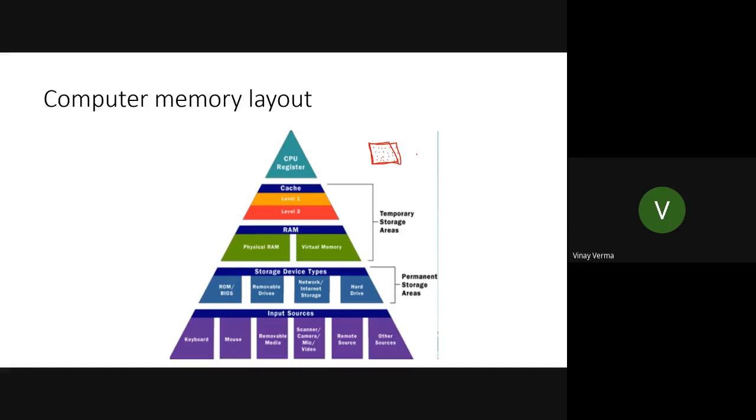So if you purchase a new system, a new computer, it will definitely have a 7 nanometer CPU. The 7 nanometer CPU chip is the latest in the market, and it has a lot of transistors present in a very small area.